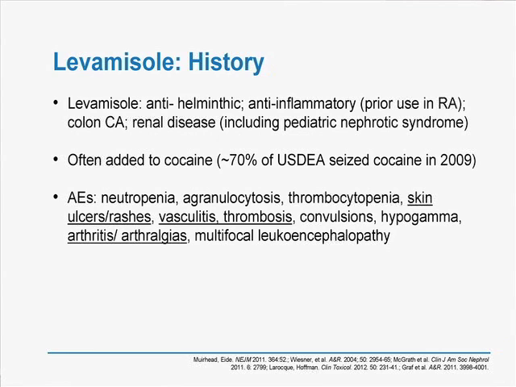It's even been used for its anti-inflammatory properties in pediatric nephrotic syndrome. And it's from this experience, not with cocaine, that we know that levamisole by itself can produce many of the characteristics that I just told you about and showed you in those patient pictures.